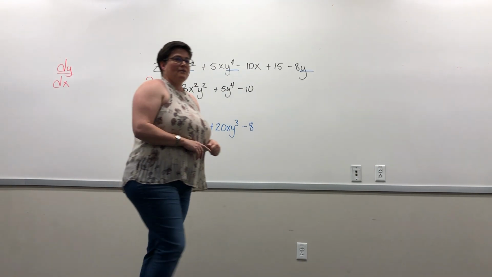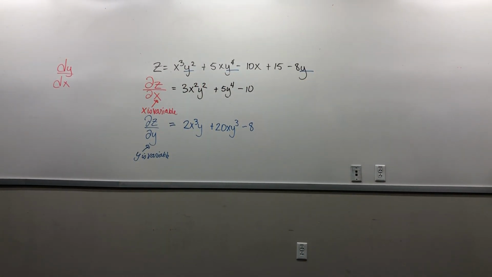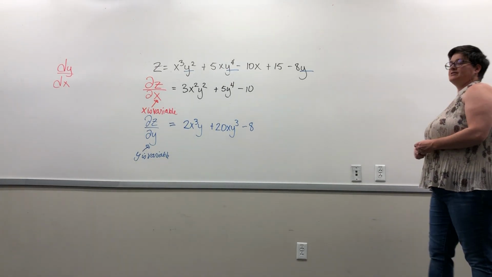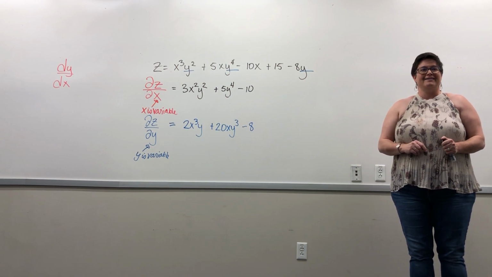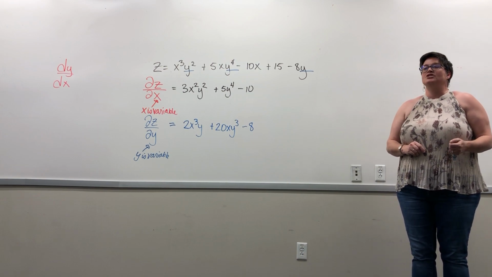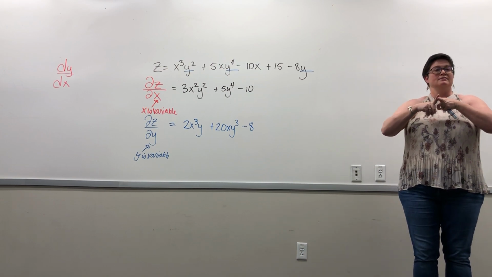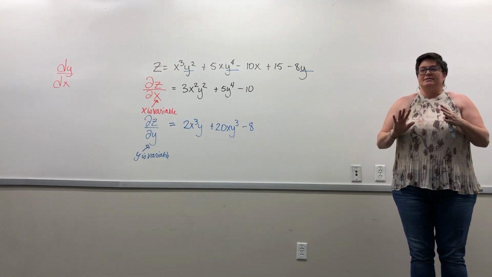Groovy? All right, so let's look at a slightly harder one. Those are the answers. It's not so bad. The hardest part is determining what your variable is, what your constant is, and what terms go away and what stays.